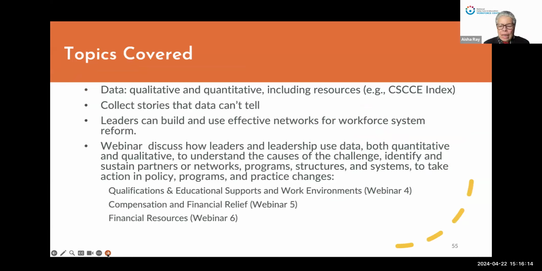We have covered a lot of topics in the last 6 sessions. We've talked about data, qualitative and quantitative, and we've also encouraged you to use the CSCCE index at Berkeley, which you can look up online at the National Center to access that information.